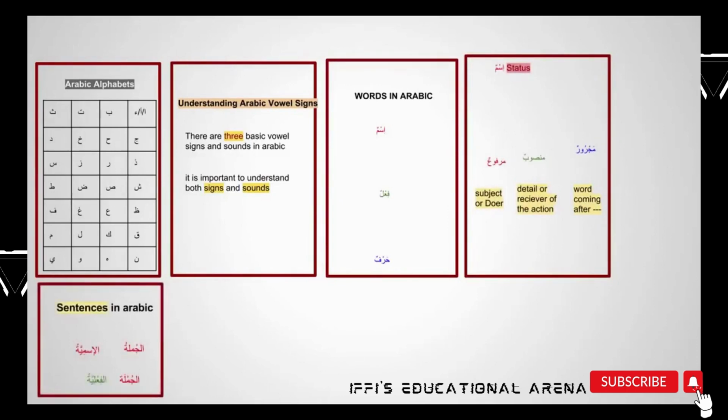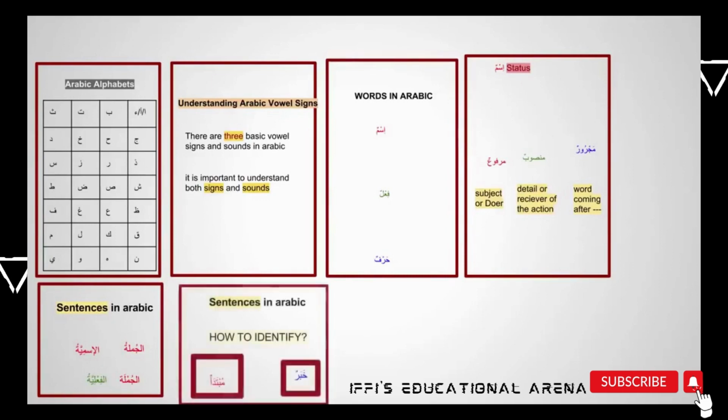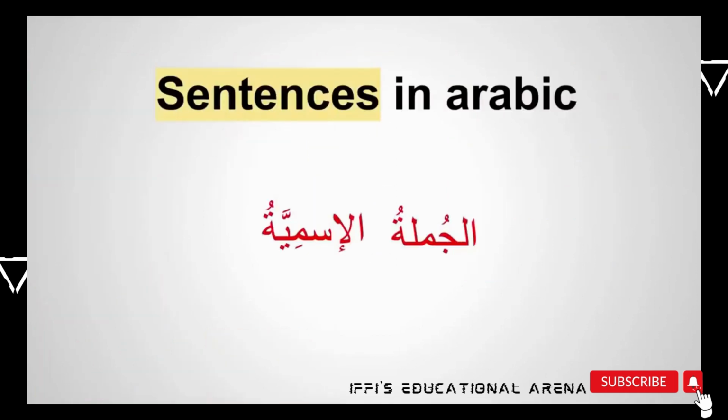And recently we did sentences, like jumlatul ismiya and jumlatul fi'liya, and we're doing jumlatul ismiya and learning about mubtada and khabar. So continuing with our journey on sentences, inshallah today in Jumlatul Ismiya we will be starting to make some simple sentences.